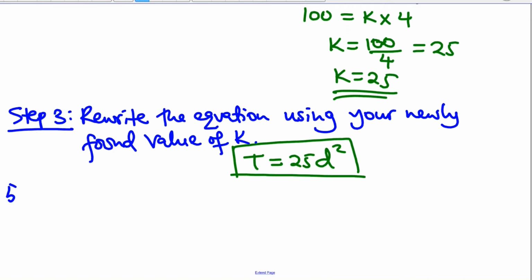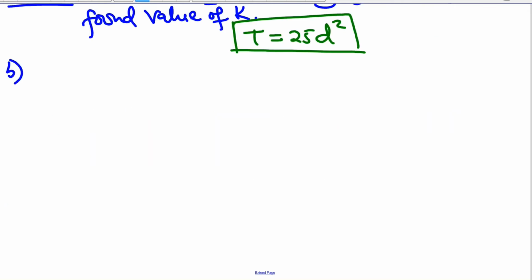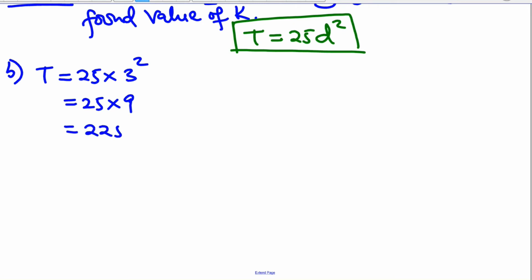So for B, when d is equal to 3, t will be equal to 25 multiplied by 3 squared. So that's 25 multiplied by 9, and that will be equal to 225.